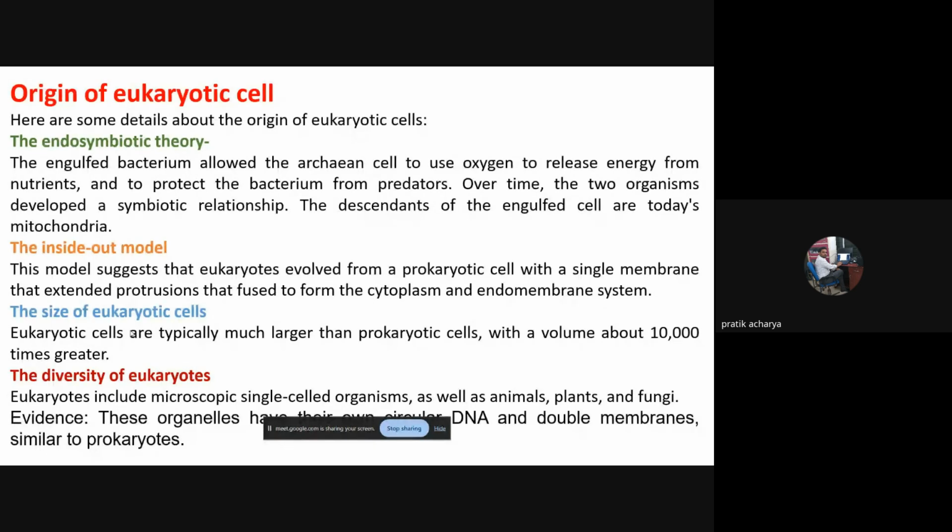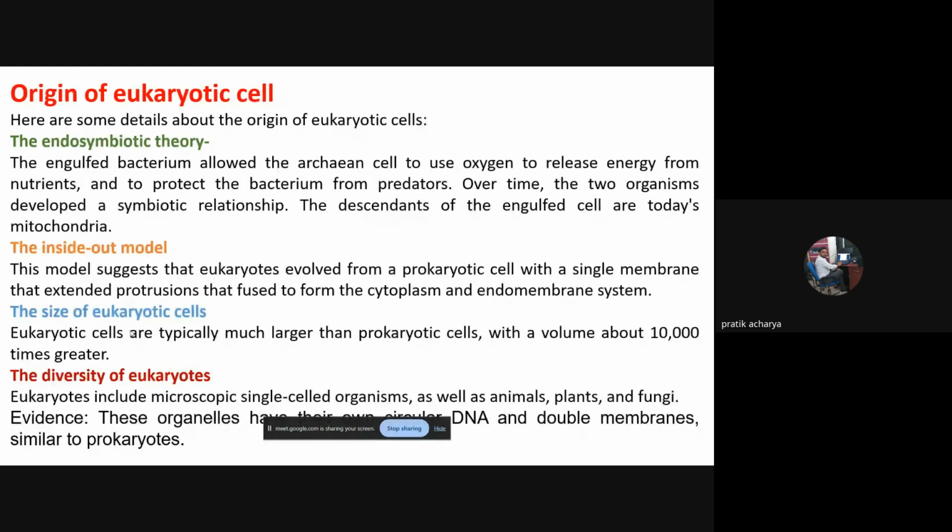If by any chance the bacteria come in contact with that surface, the cell develops the protrusion and traps the bacteria. This is the case of the inside out model proposed by Baum and Baum.